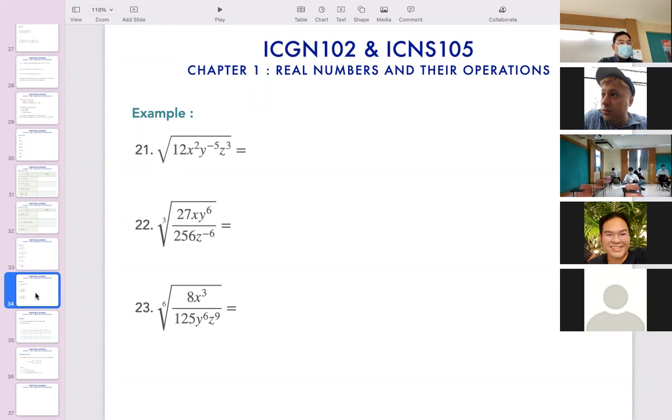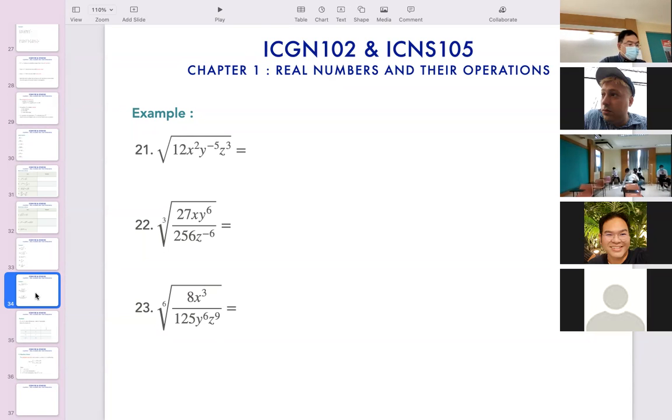Okay, for example number 21, when you would like to solve this problem, the thing that we have to do is try to find the possible values that can be used as the index in order to match with what we have got here.